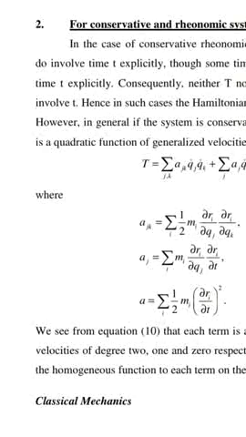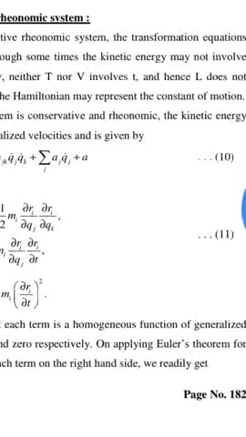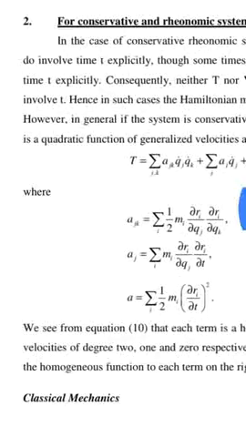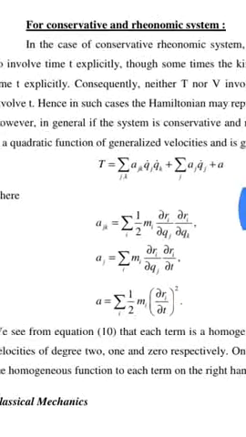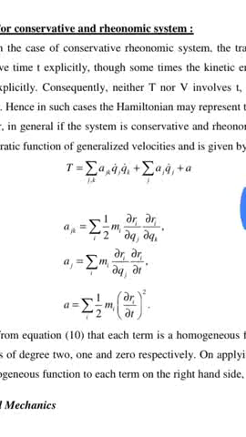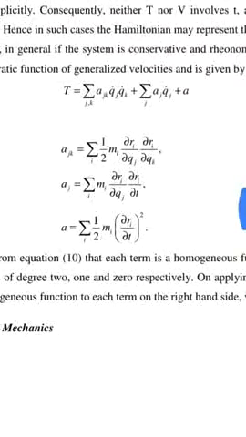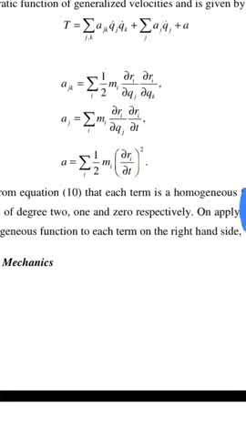However, in general, if the system is conservative and rheonomic, the kinetic energy is a quadratic function of generalized velocities and is given by T is equal to summation of Ajk Qj dot Qk dot plus summation of Aj Qj dot plus A, where Ajk is equal to summation of 1 by 2 mi dou ri by dou Qj dou ri by dou Qk.